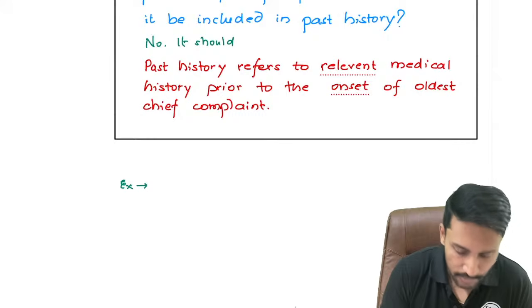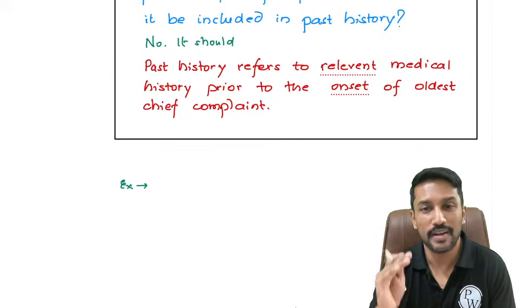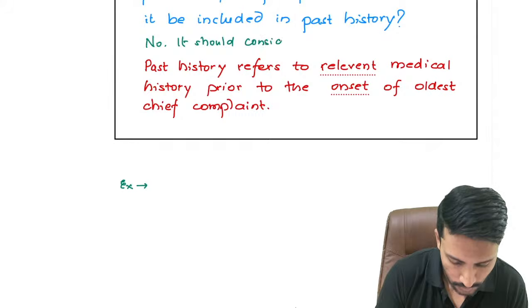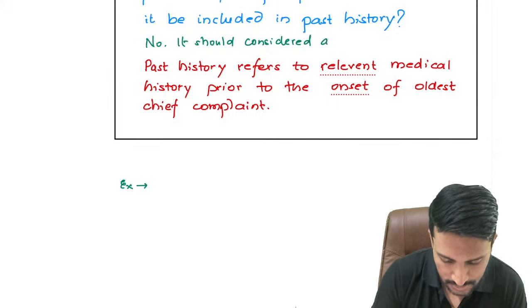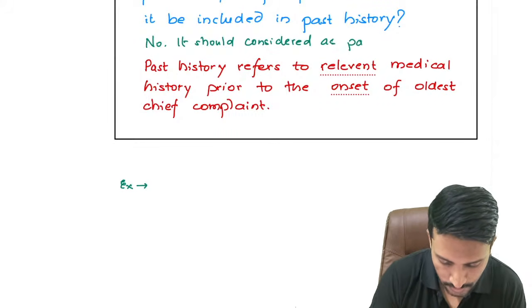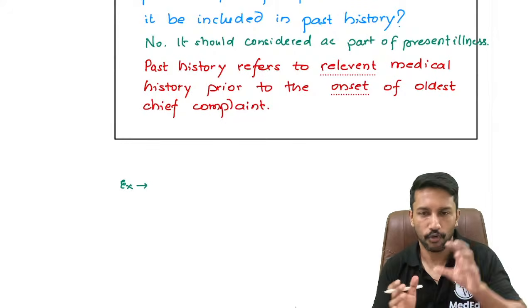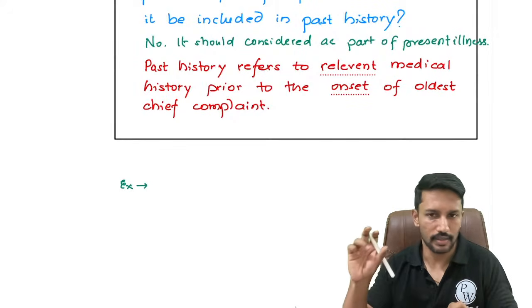Only symptoms that predate the oldest chief complaint will be included in the past history. Okay, so I hope now you have the clarity of what goes in chief complaints and what goes in the past history.